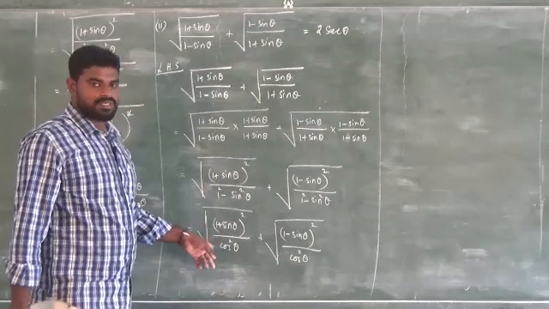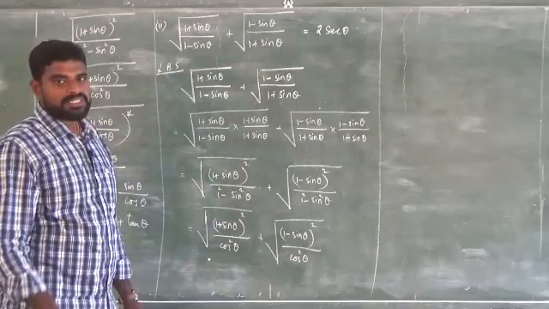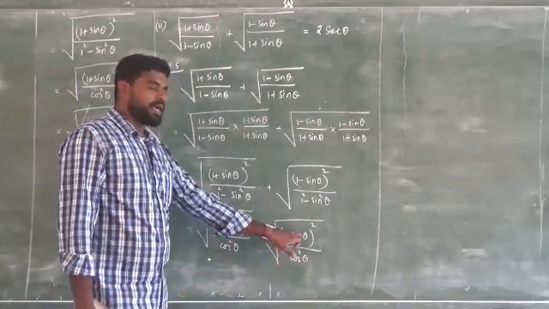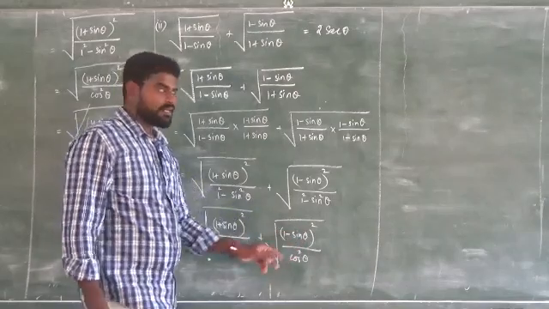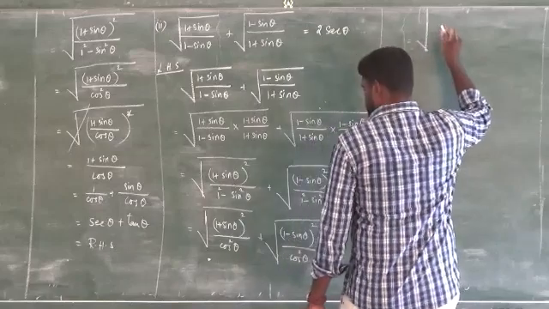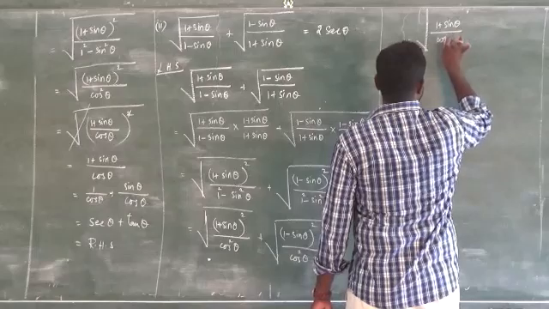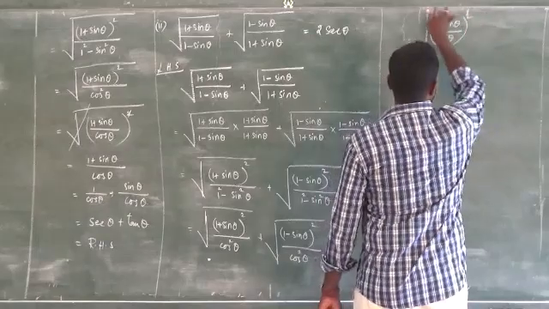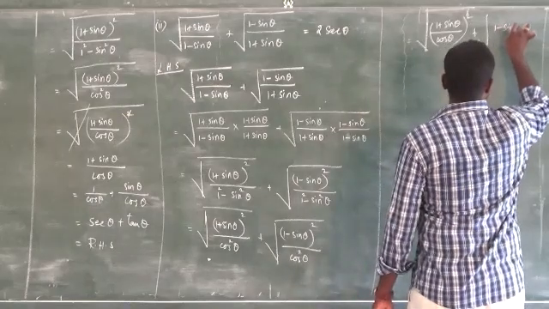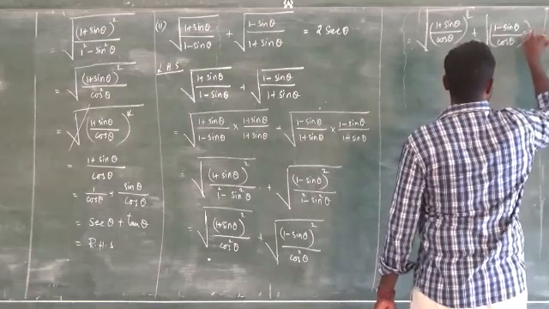So writing it in whole square, 1 plus sin theta whole square by cos square theta can be 1 plus sin theta by cos theta whole square, and this one 1 minus sin theta by cos theta whole square. That is equal to root of 1 plus sin theta by cos theta whole square plus 1 minus sin theta by cos theta whole square.